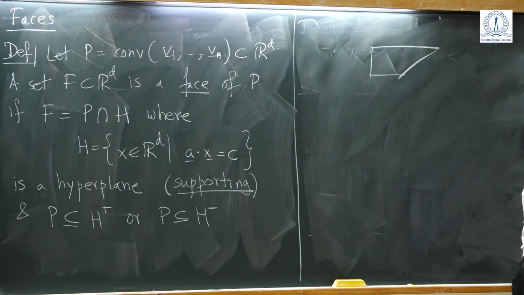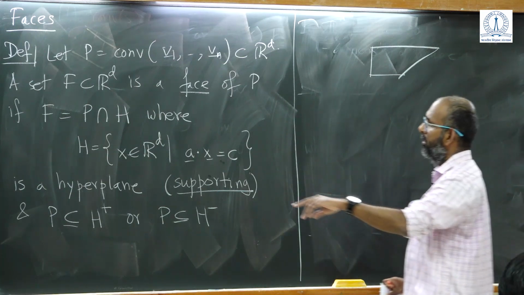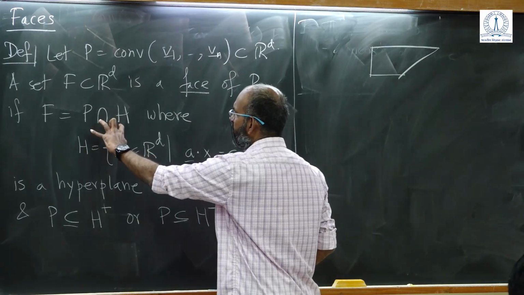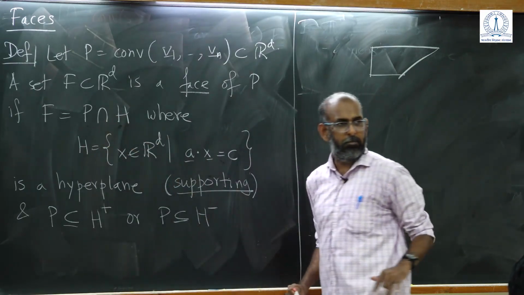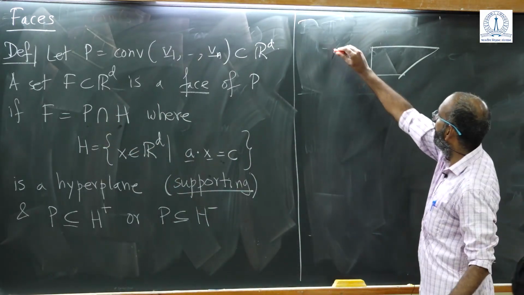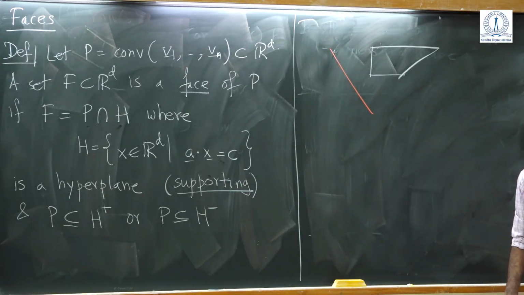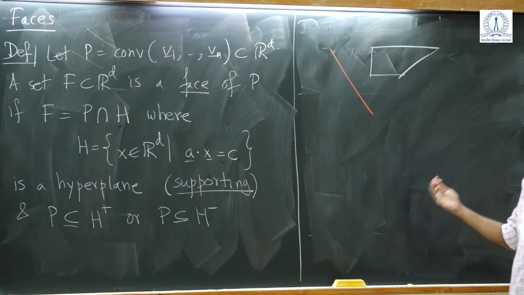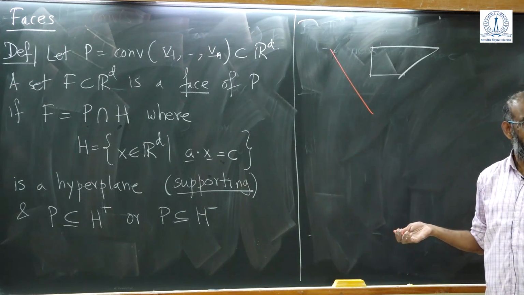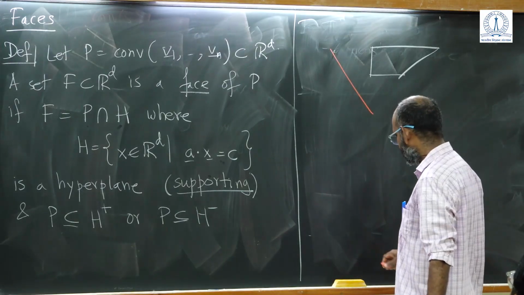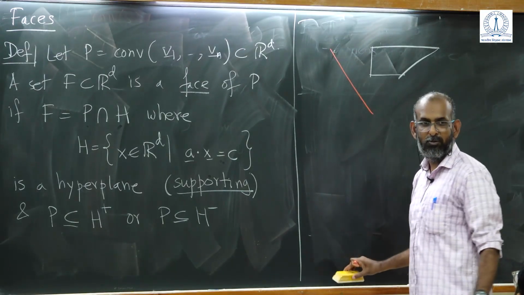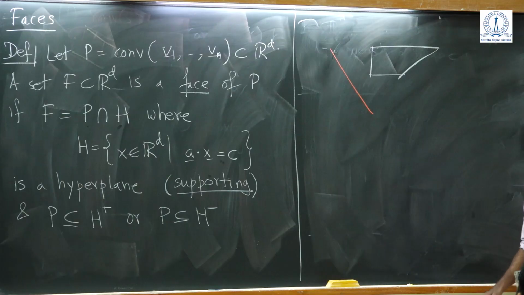I want a hyperplane which intersects; I want to take the intersection of a hyperplane with P. So for example, if I take this hyperplane, what do I get? The empty set. So the empty set is also a face. Okay. So that's kind of a stupid example.